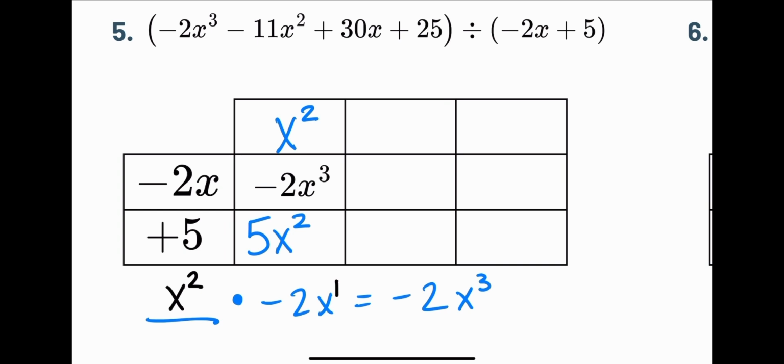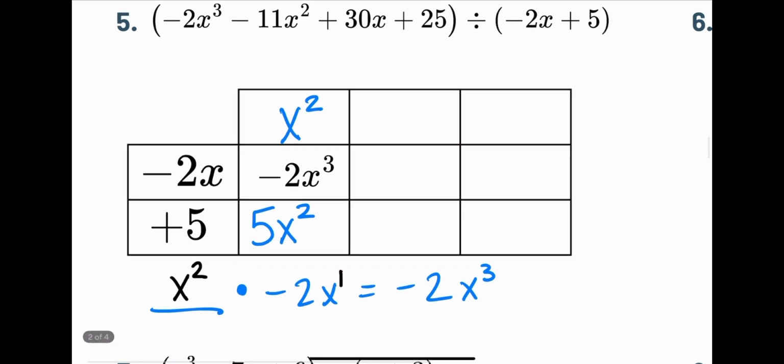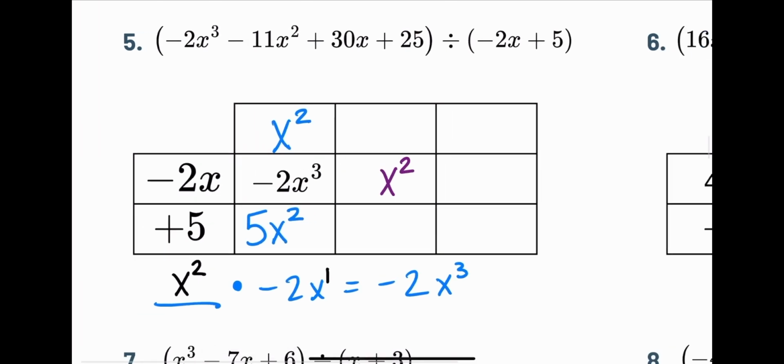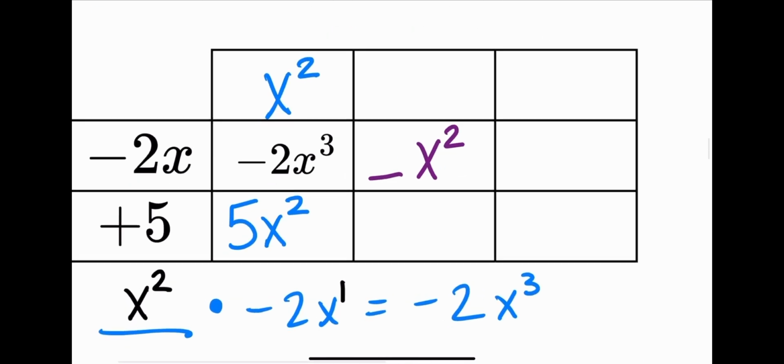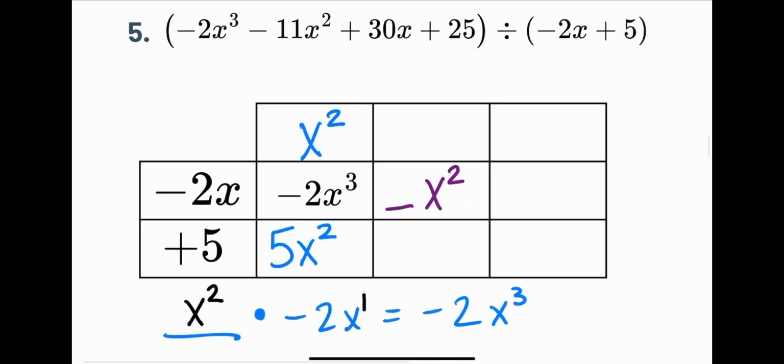So that tells me that I will have an x squared in this box. Now, what is the coefficient? I'm not sure. But again, I know it's going to be x squared because x squared is a like term with 5x squared. So these two boxes should be like terms, and these two boxes should be like terms.